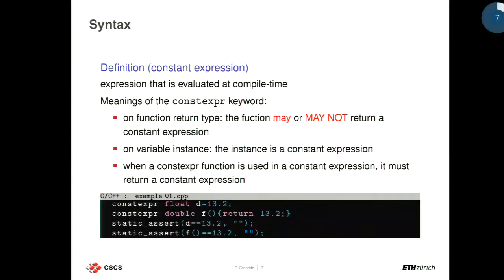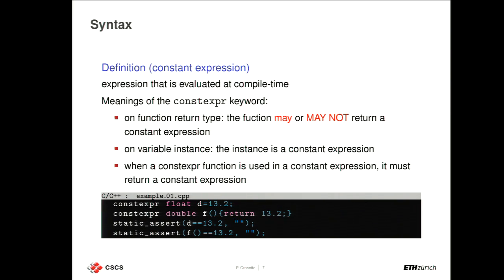So we saw an example of Constexpr. Now the definition of a constant expression is an expression which is evaluated at compile time, but the meaning of the Constexpr keyword is not the same. On a function return type, it means that it may or may not return a constant expression, depending on whether it's used inside a constant expression or not.